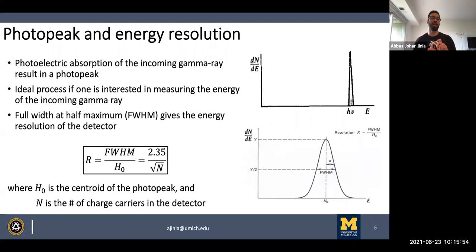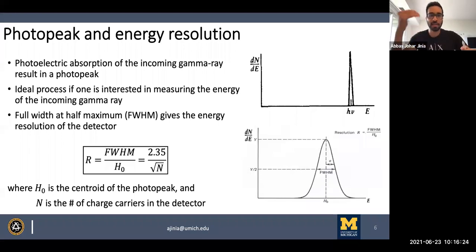No? Okay. So first, let's talk about the photopeak. How do we get a photopeak? In order to get a photopeak, the incoming gamma ray has to deposit all of its energy. Out of the three interactions that we reviewed at the beginning of the class, in photoelectric absorption, the photon energy is completely deposited in the detector.